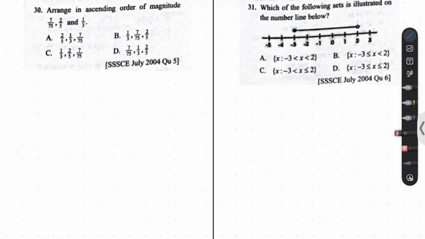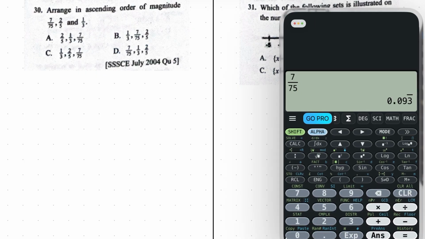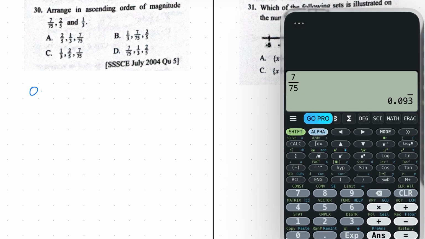Firstly, let me bring my pen so we can write it. We have 7 over 75 is equal to 0.093.